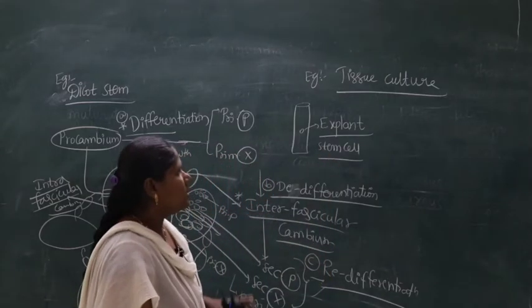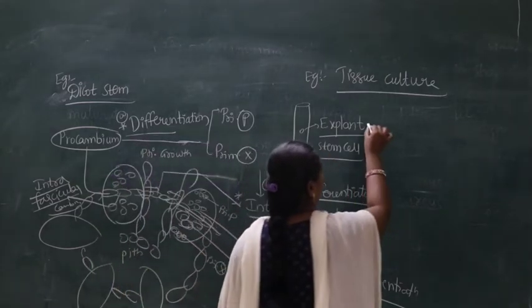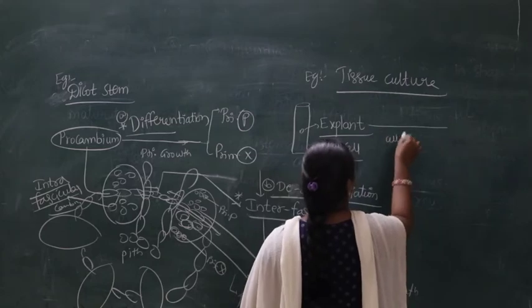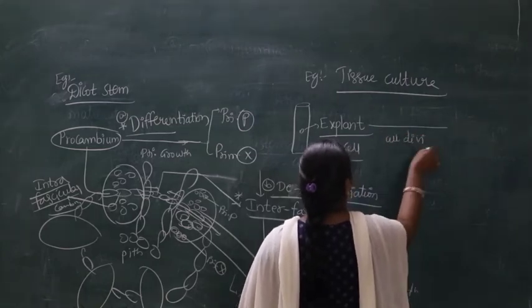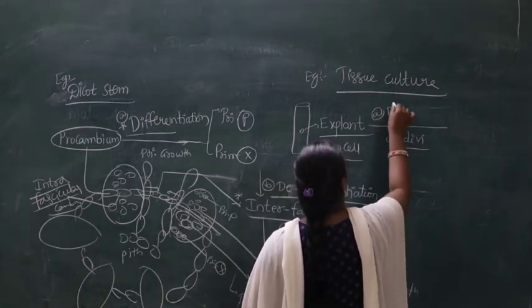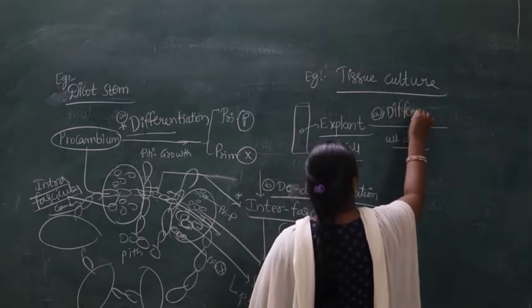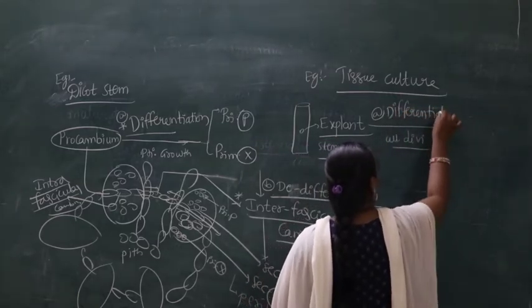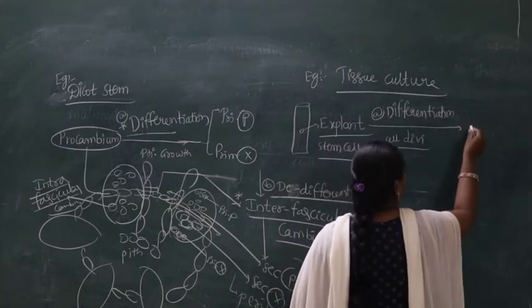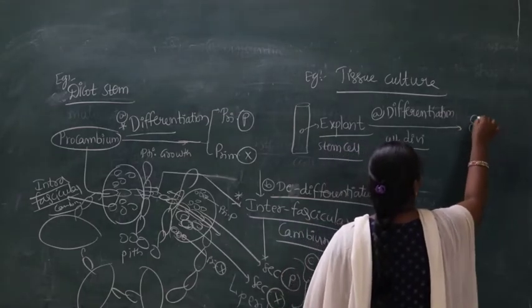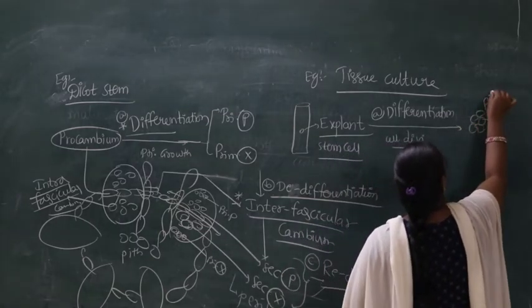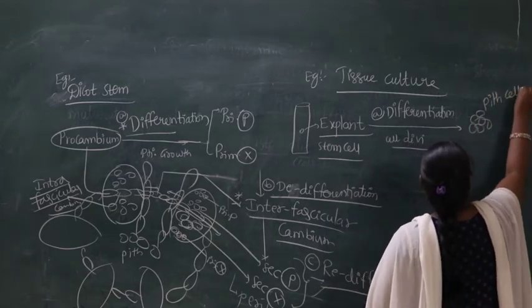Yes or no? Stem cell will undergo cell division. So at the time of cell division, this itself is called differentiation. It undergoes differentiation and forms a group of cells. This group of cells are called pith cells.